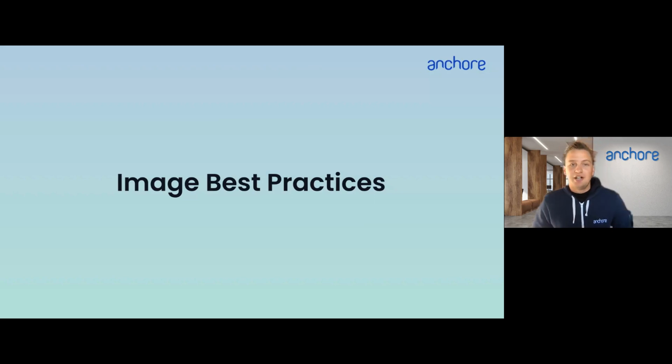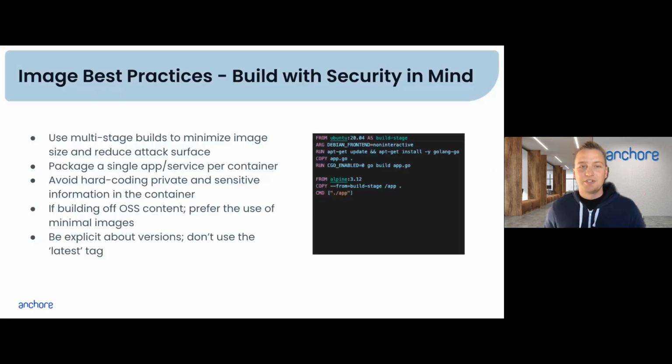Okay, so now we're going to talk about image best practices. Starting from the top, what should you be looking for when you're building software securely? When you're starting to adopt containers at scale, what should you be focusing on when it comes to building a secure image? One thing you can focus on is using multi-stage builds. Images are based on layers, so you don't want to make a super beefy image.